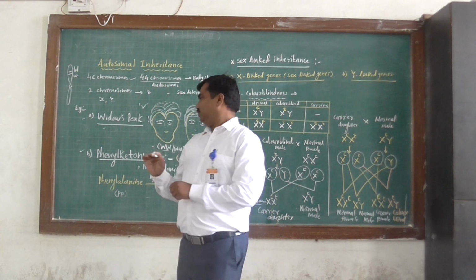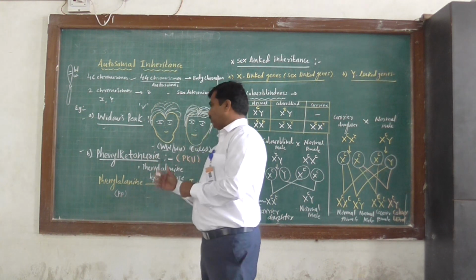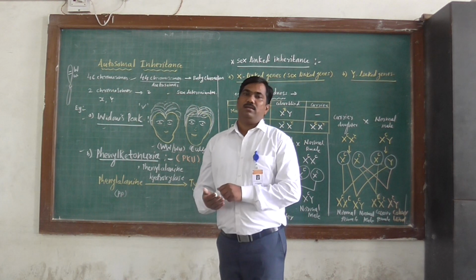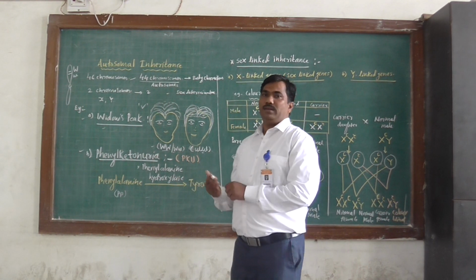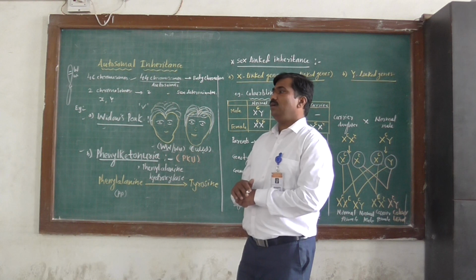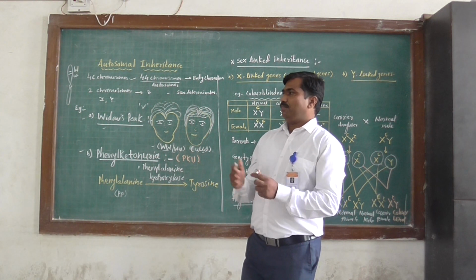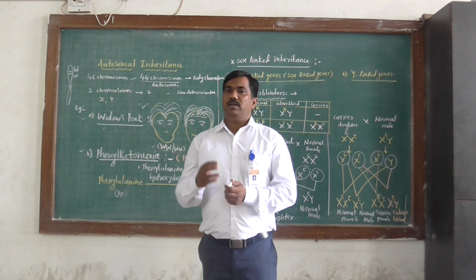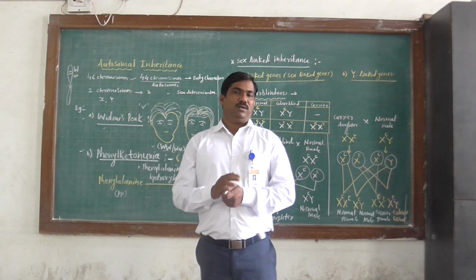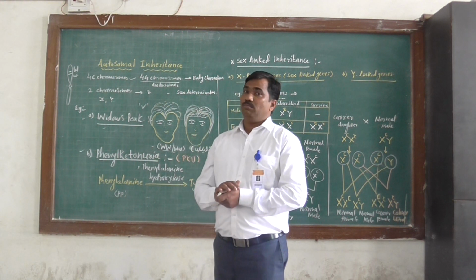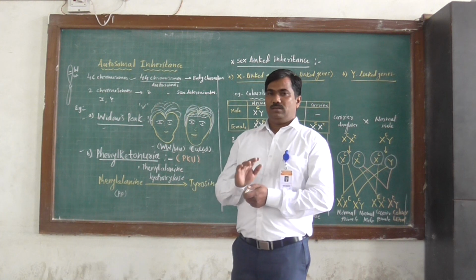So, due to this accumulation in the blood and cerebrospinal fluid, it causes mental retardation, and the excess phenylalanine in the blood is eliminated outside the body through urine.